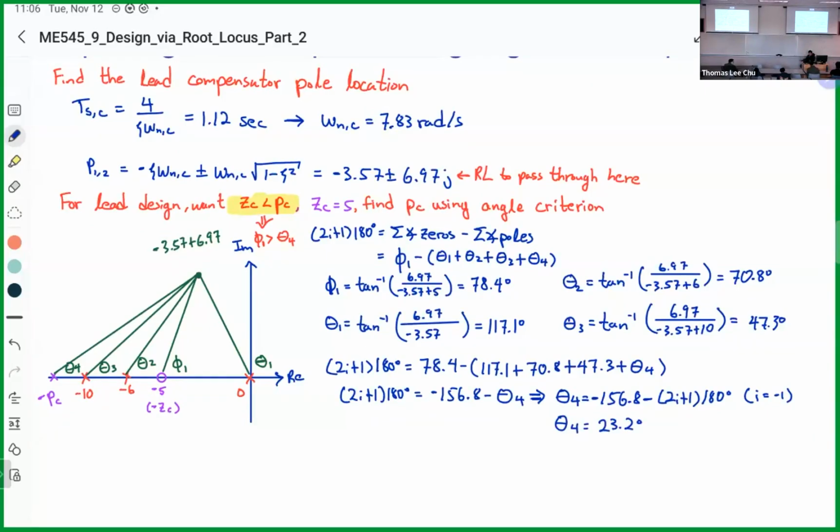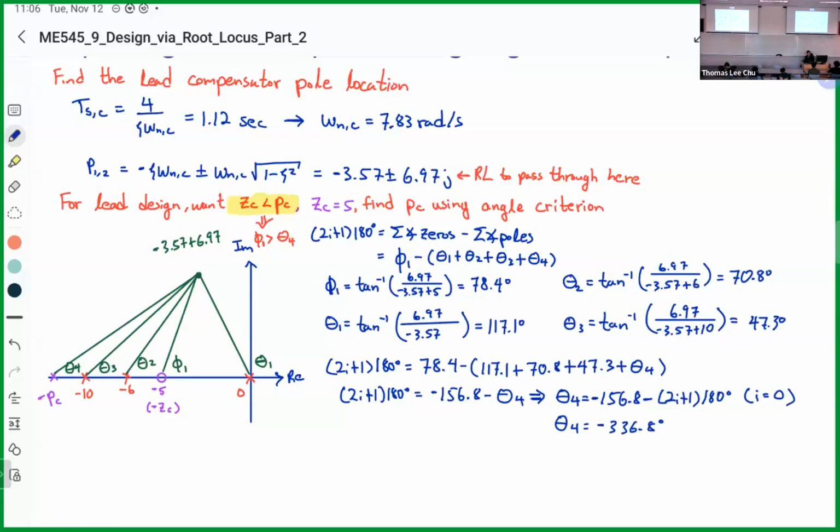Why didn't you just pick 0? Oh, like right here. If I pick 0, it's minus 156.8 minus 180 degrees, which also works. Actually, it works. Let's say I do choose 0. Then I get minus 336.8 degrees.